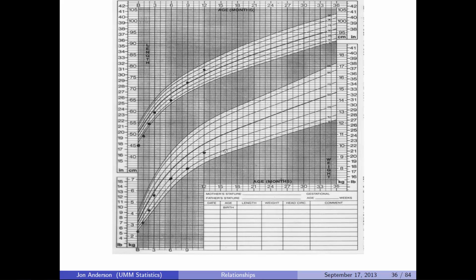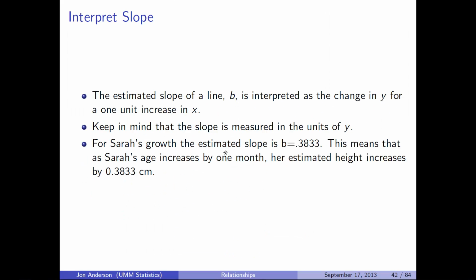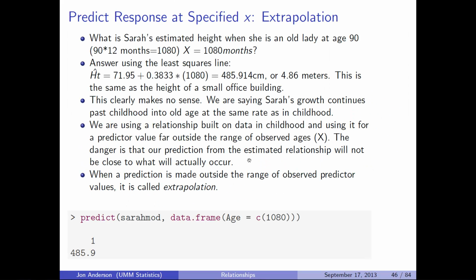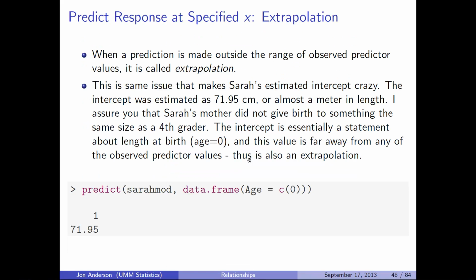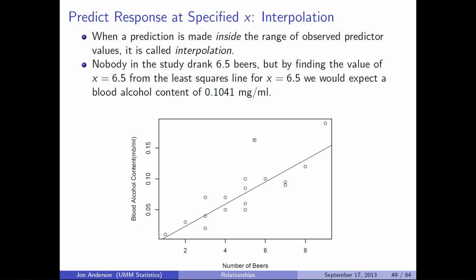And so projecting what will happen back at birth is a dangerous activity that is an extrapolation, and that's why we get such foolish values for the intercept and also such foolish values for when she's an old lady.